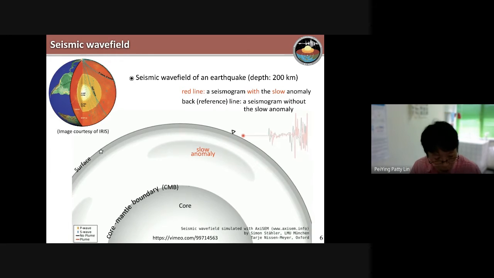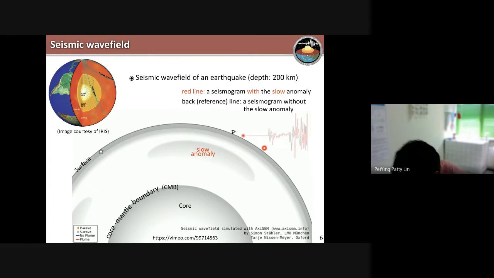Here, I'm going to show you a movie of the seismic wave of an earthquake at 2,000 kilometers depth, and this is modeling. There's a station here, and the blue line and the red line show seismograms. Let's go to the blue line first.